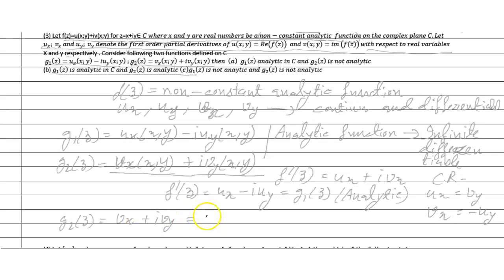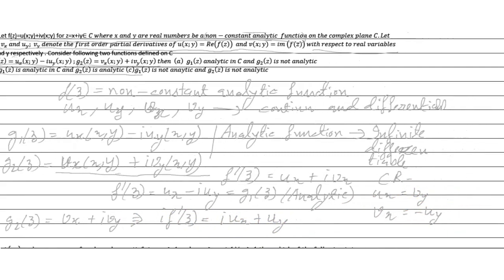So i f dash z equals, whatever we get, i u_x plus u_y. You get i u_x plus u_y.